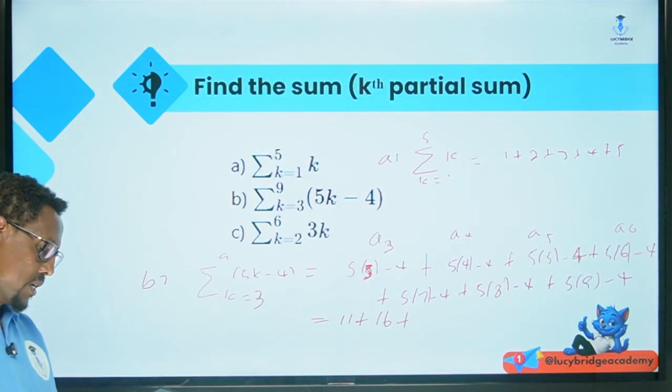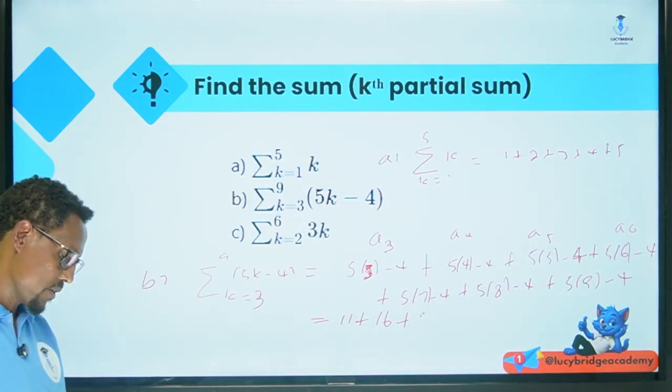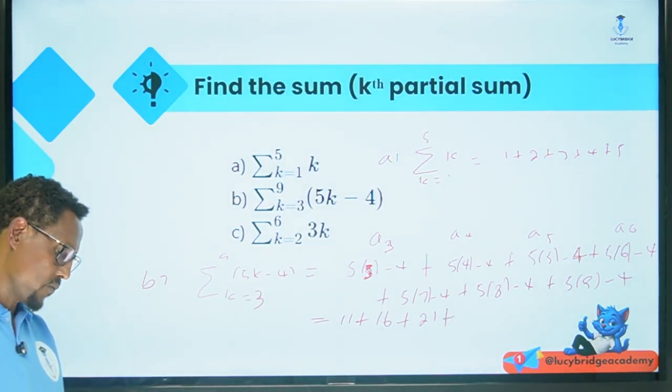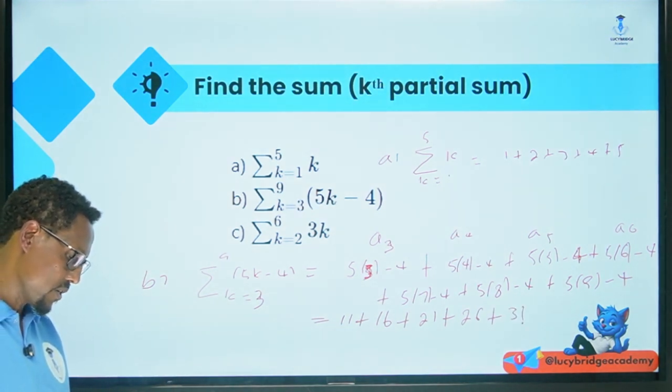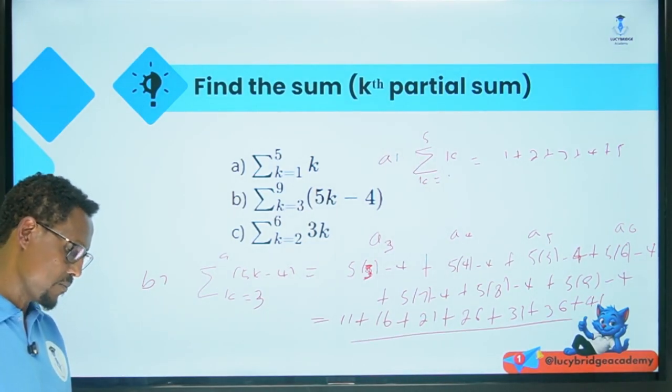So 5 times 5, 25 minus 4 is 21, plus 30 minus 4 is 26, plus 35 minus 4 is 31, plus 40 minus 4 is 36, plus 45 minus 4 is 41. These are the sum of these numbers.